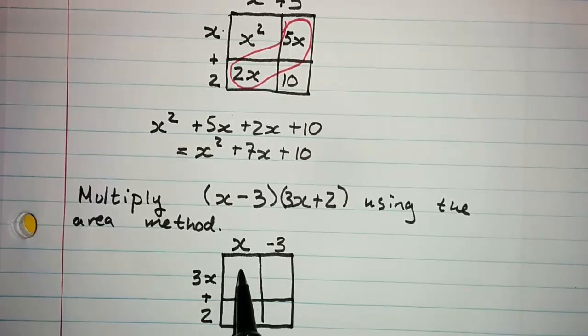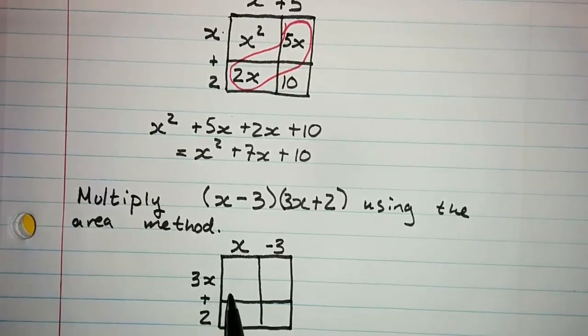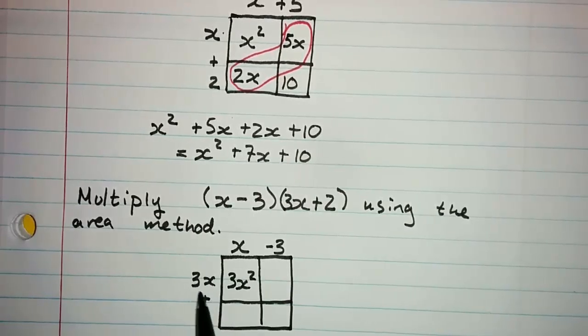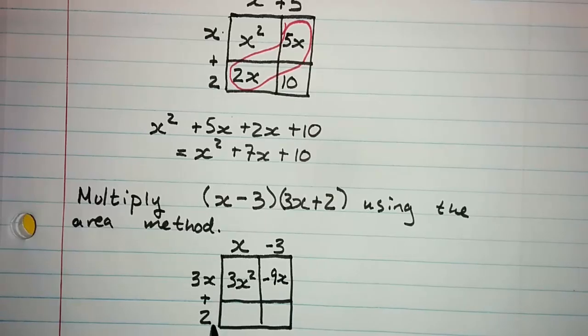Alright, so this little box is 3x by x. 3x times x is 3x squared. This little box is 3x by negative 3. 3x times negative 3 is negative 9x. 2 by x, 2 times x is just 2x. 2 by negative 3, 2 times negative 3 is negative 6.